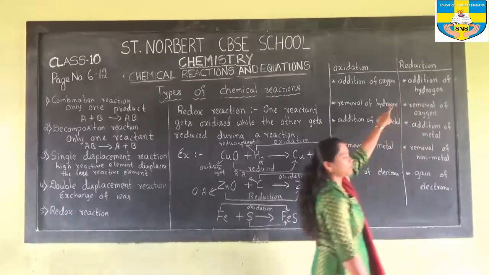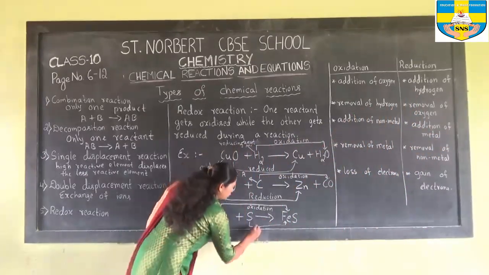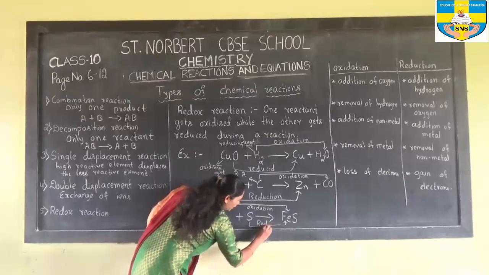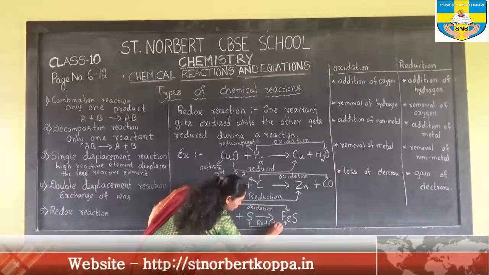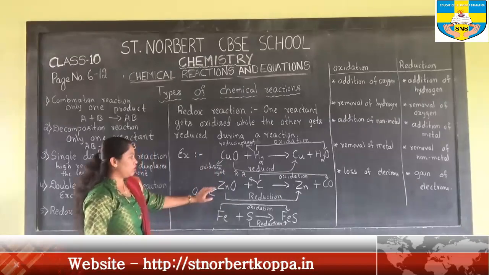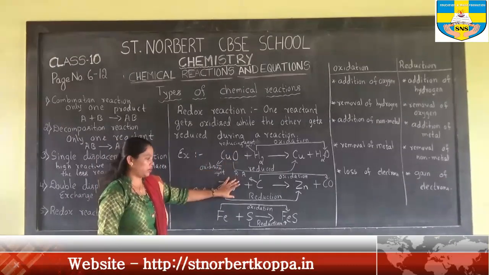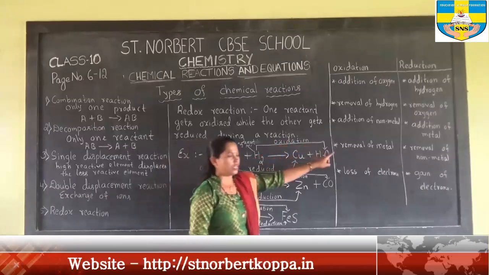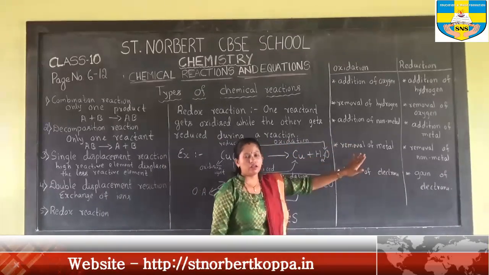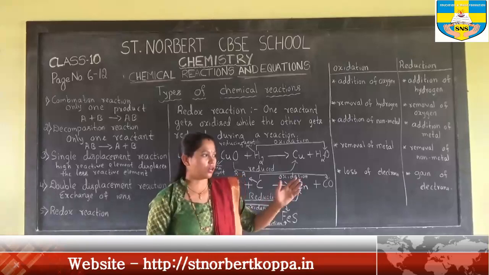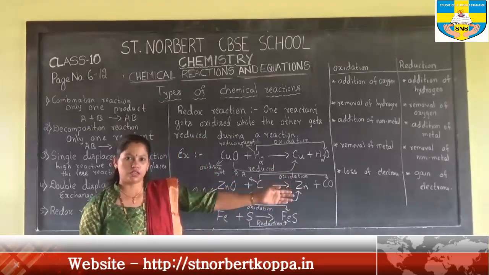Addition of metal comes under reduction. So this is a reduction. So if there is no oxygen or hydrogen, now we have to see addition of metal, removal of metal, or loss of electron or gain of electron.